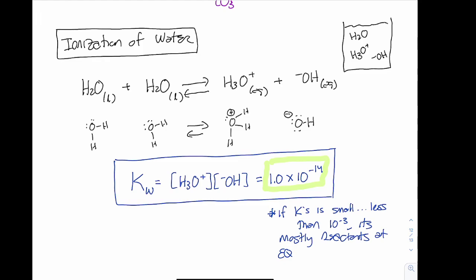Based on that number, 1 times 10 to the negative 14th, that's definitely small. It's very, very small. It's mostly water, right? It's a lot of water and a very small amount of hydronium ions and hydroxide ions.